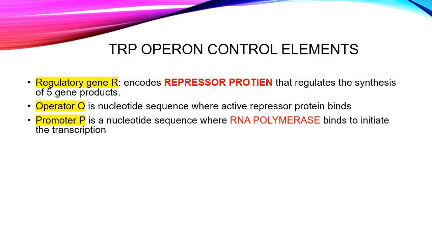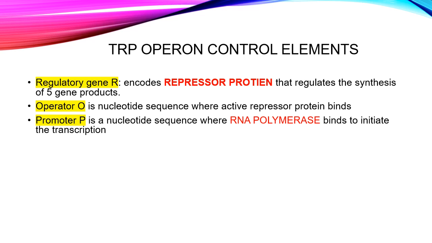So students, let's go into detail with the tryptophan operon model and its control elements, where I'll be explaining the function of each controlling part in detail. As you know, the regulatory gene, which is located first, that is upstream of the operon model, has the function that it encodes a repressor protein.